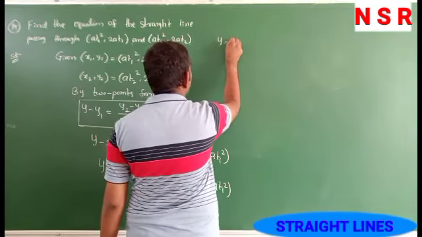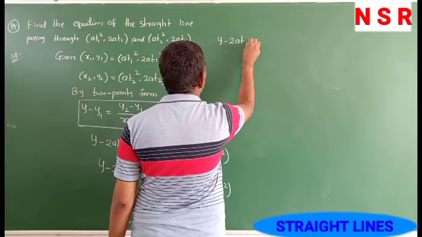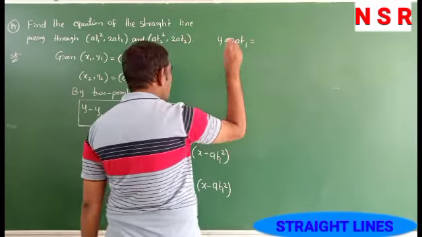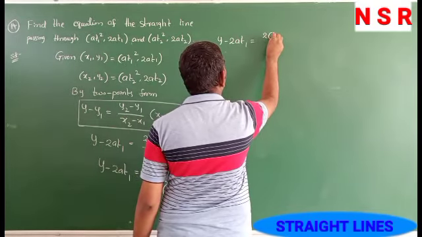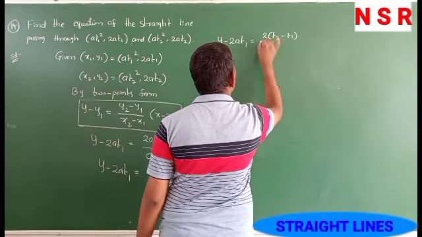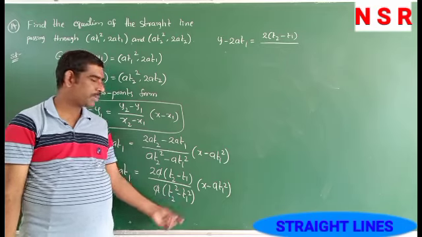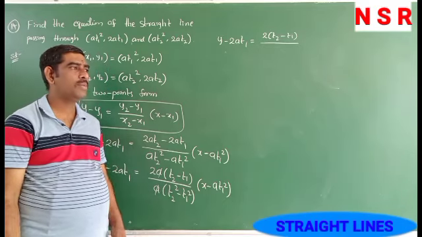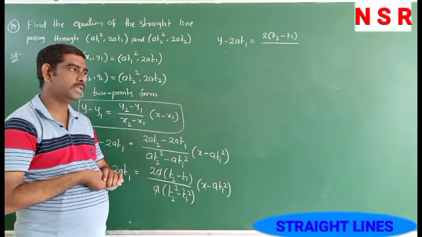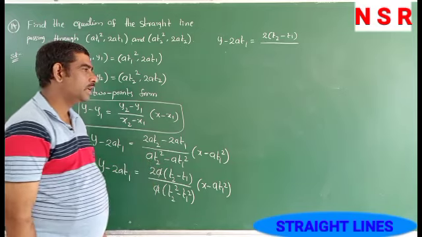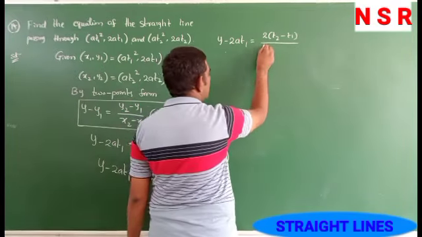Now a gets cancelled. So y minus 2a t1 is equal to 2 into t2 minus t1 by, here the denominator t2 square minus t1 square is in the form of a square minus b square, so you can write it as a plus b into a minus b.